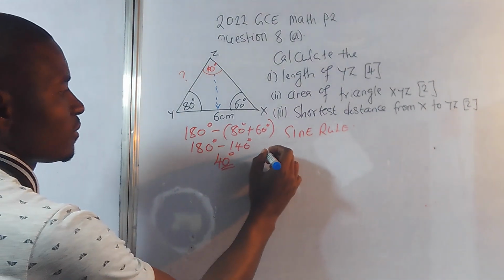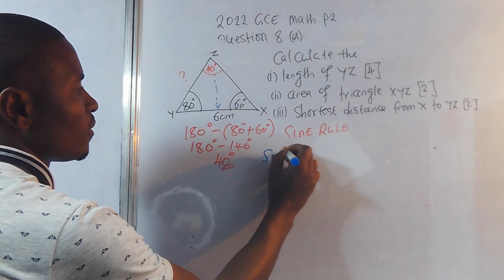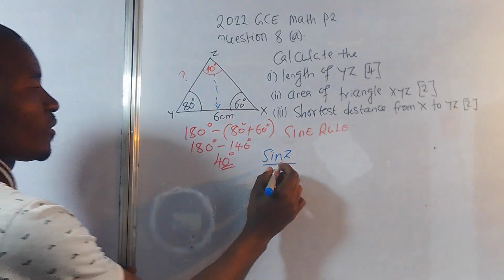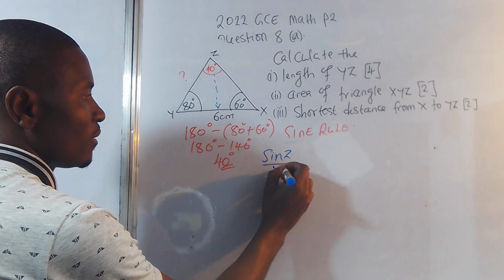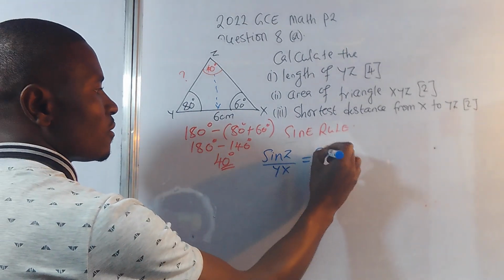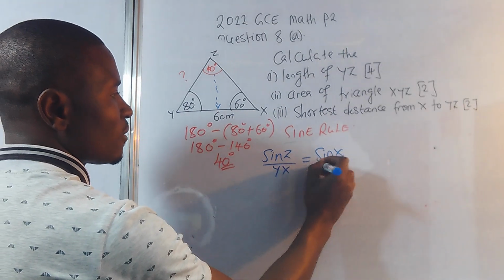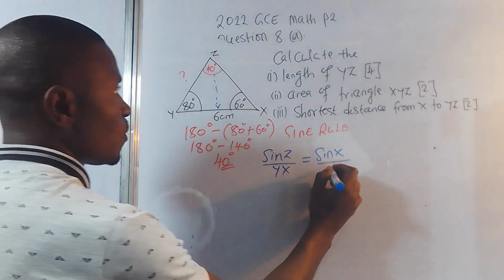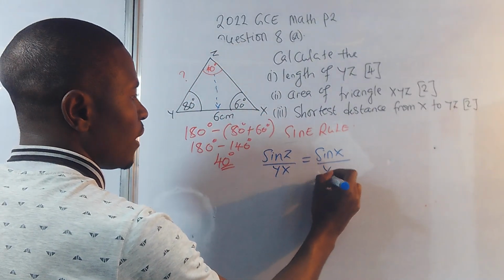So we are saying that sine Z divided by its opposite, which is YX, equals sine X, this one, over its opposite, which is YZ.